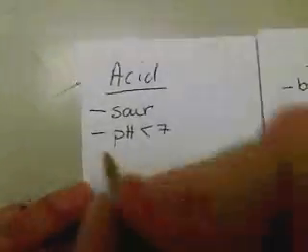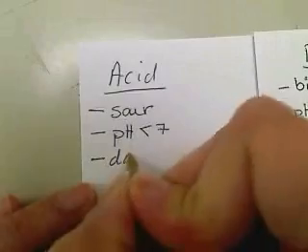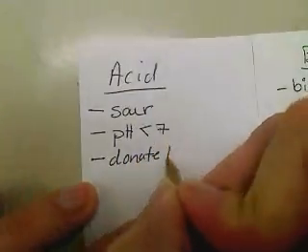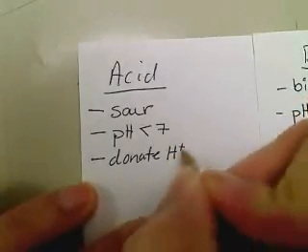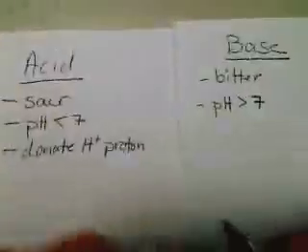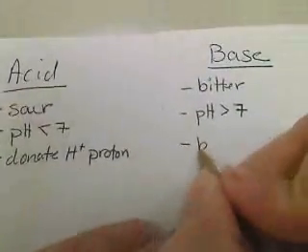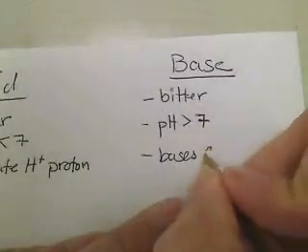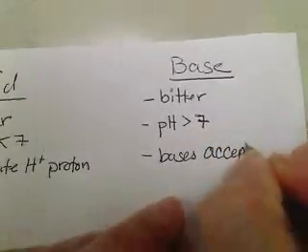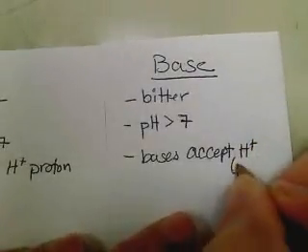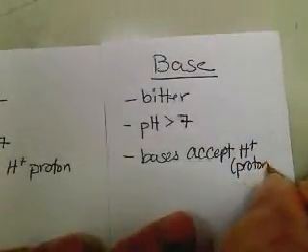Your acids are going to donate an H+, but we also call this a proton, okay? And your bases, guess what they're going to do? Anybody? Bases are going to accept your H+, or in this case, a proton, okay?